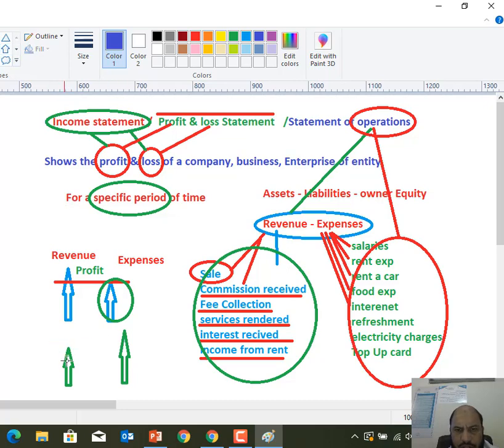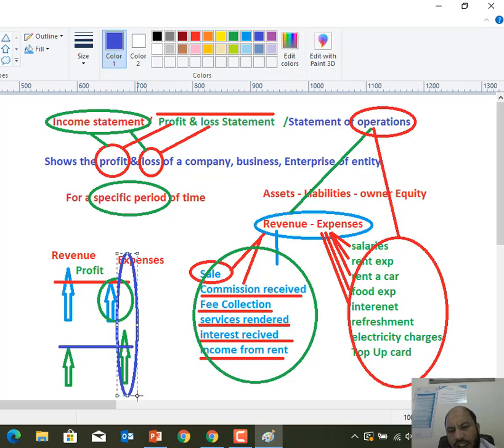See the difference between these two things. So see, dear students, over here your expenses are higher. This shows that our expenses are this much higher than our revenue. So our expenses are higher.